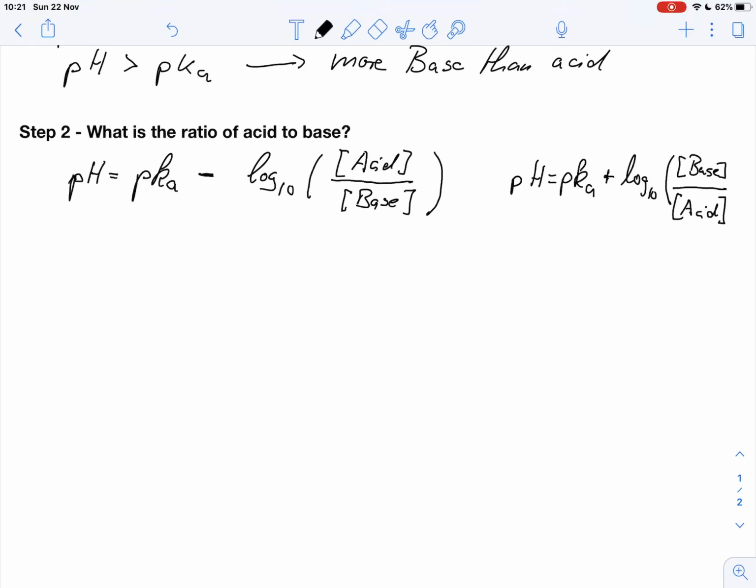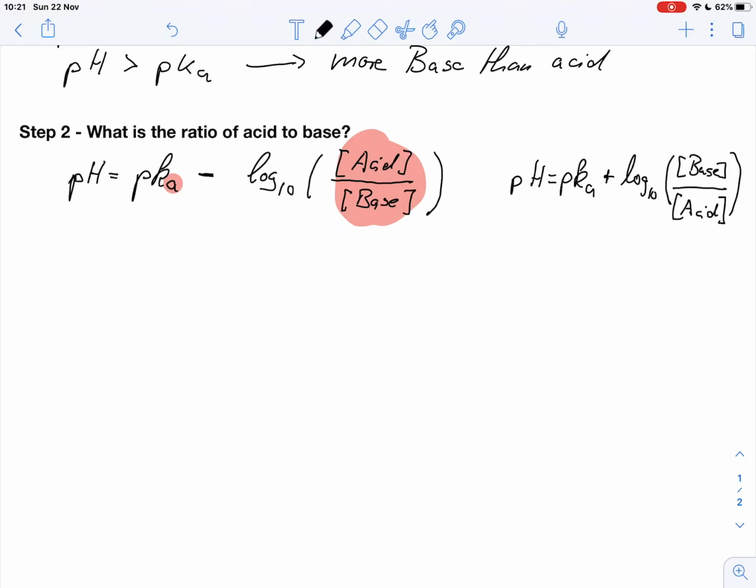Either way is absolutely correct and will give us the same result. Now, what we are looking for is actually this ratio here, this ratio that we are interested in.